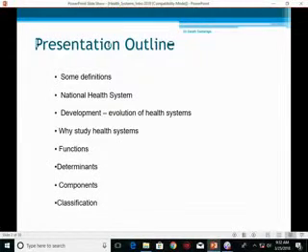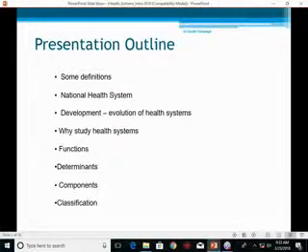So, in the presentation, we will look at some of the definitions. What do you understand by a health system? Then we already discussed the national health system, how it is organized. Briefly looking at how these health systems have developed, the evolution of health systems, and also why we study health systems.